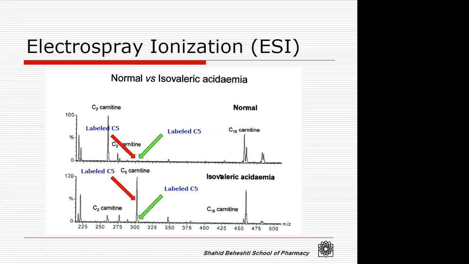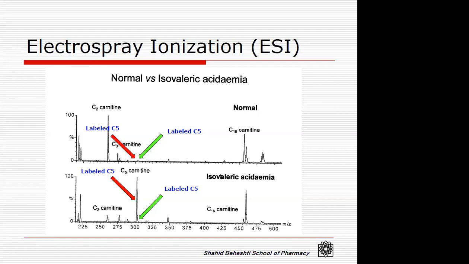And as you see, the intensity of the signal for natural C5 carnitine has exceeded the pathological concentration. And that means we are having an isovaleric acidemia pathological case. And this is a baby that should be referred as positive for isovaleric acidemia.